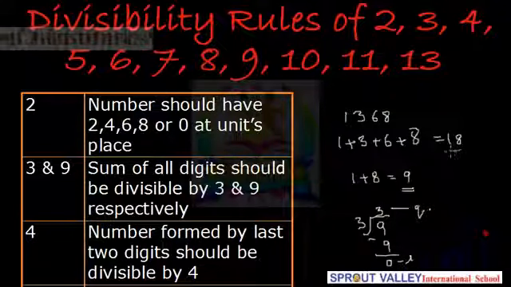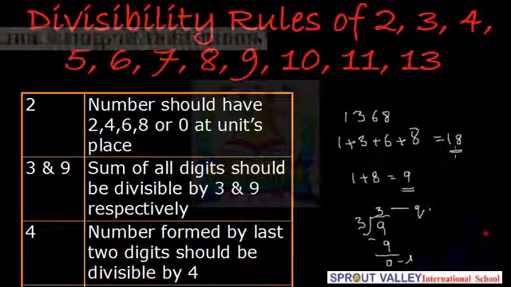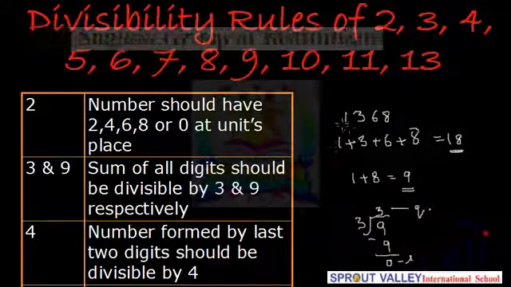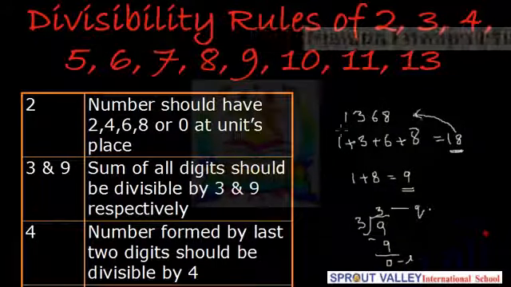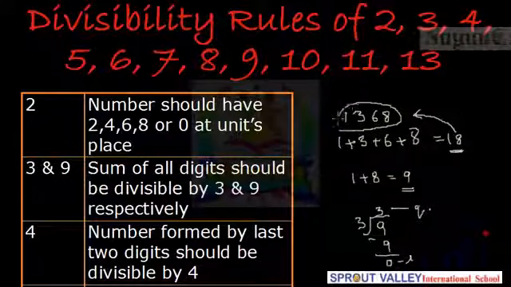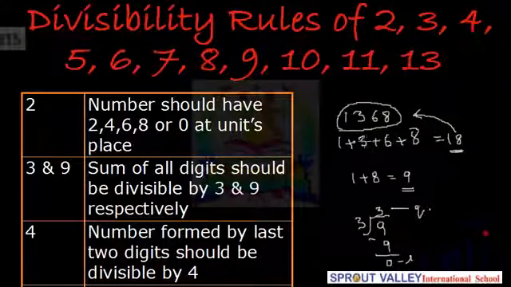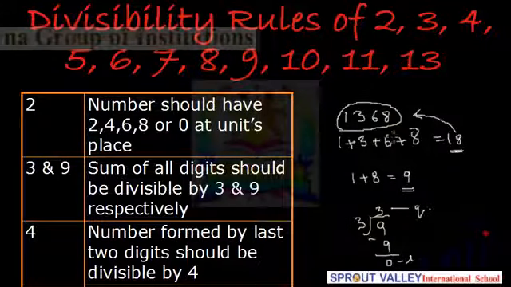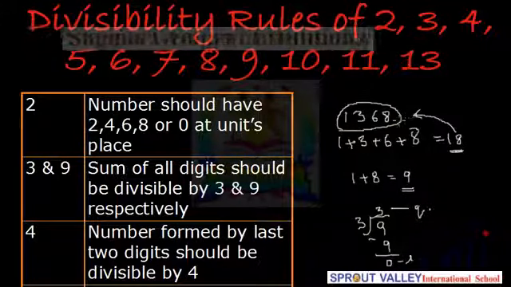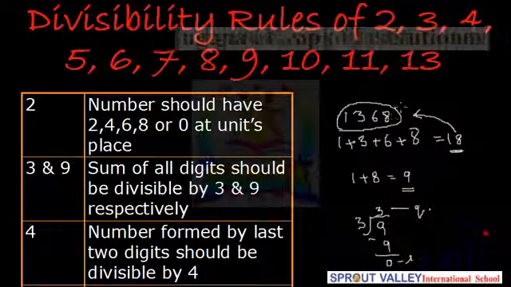That means this 18 is divisible by 3 and since this 18 is the sum of the digits of 1368, so this implies that 1368 will also be divisible by 3, right? Yes. And same is the rule for 9. So let's check whether this number is divisible by 9 or not.